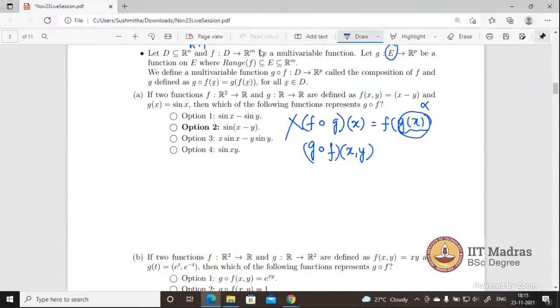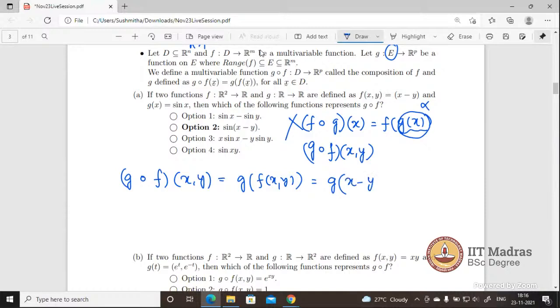Okay, so let's see what the definition will be. G composite F of X comma Y is going to be G of F of X comma Y, right? Yes, that's how composition is defined. So what is F of X comma Y? X minus Y. We know G of X is equal to sin X. So what is G of X minus Y?